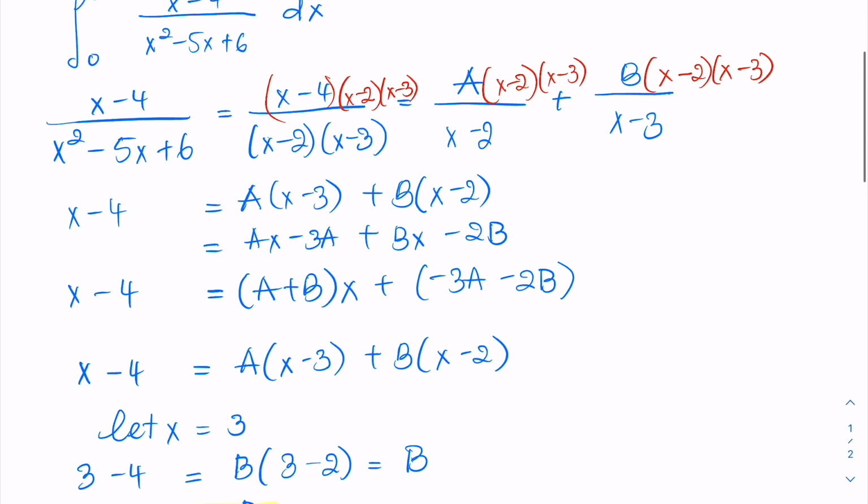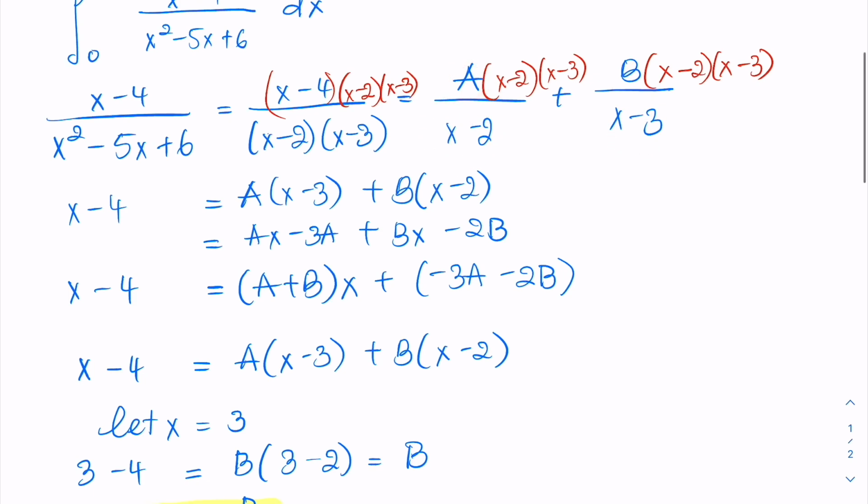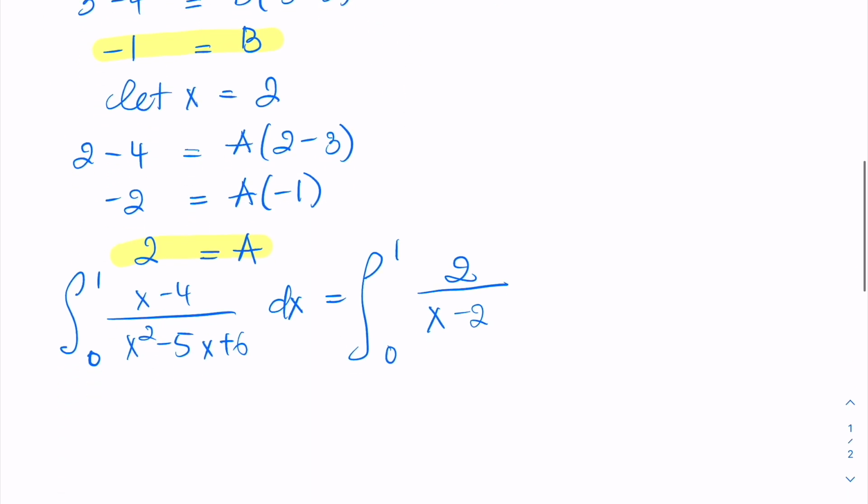Make sure you use this. Okay, so I have x minus 2 first and then x minus 3 for B. Sometimes people put x minus 3 here and x minus 2 here. So A and B, make sure you put A and B in the right place. So 2 over x minus 2 minus 1 over x minus 3 dx.